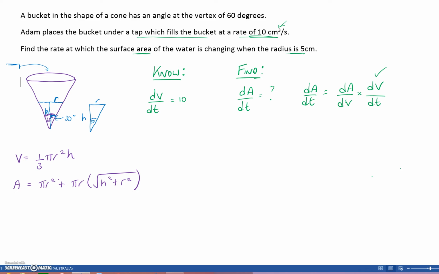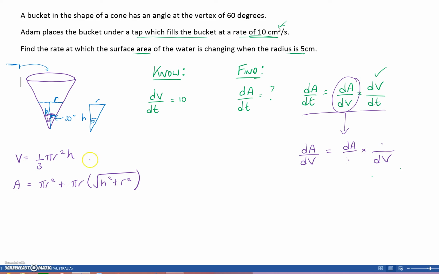If I come back here to this chain rule set up here, to find this one here, I need to set up another chain rule. So what I'm saying is, to find dA/dV, I can actually say, well, dA is on the top, dV is on the bottom, and what do I know that would go on this other diagonal?